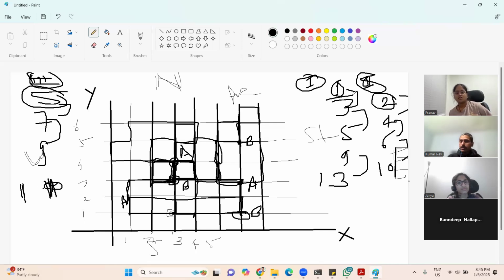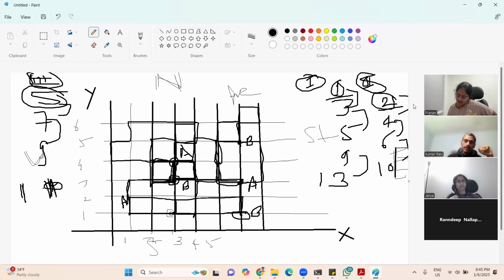That is the logic. So the question's trick is here. Multiple of 2 you can easily determine, right? Divisible by 2.